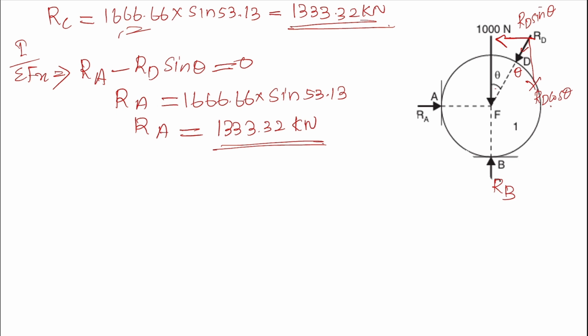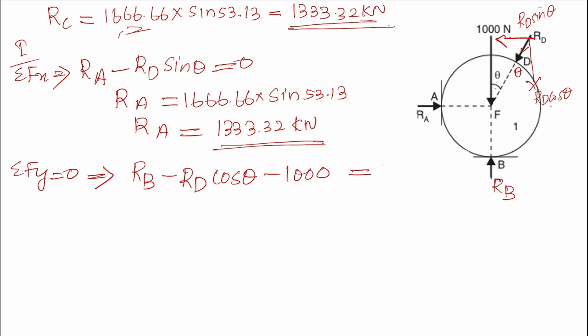To find RB, we consider the equation sigma Fy equal to 0. So sigma Fy equal to 0 means RB upward direction positive, minus RD cos theta downward direction, minus 1000, equal to 0. We already know the value of RD and 1000. So we can find out RB.